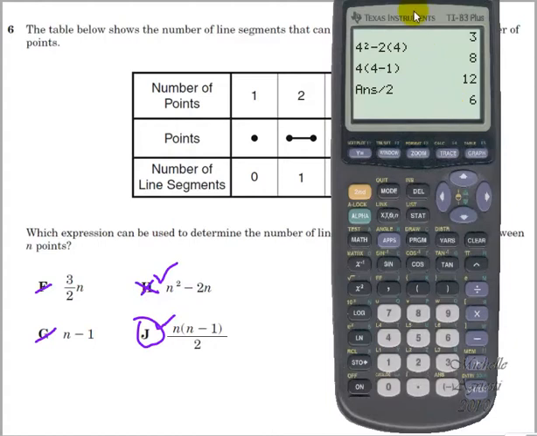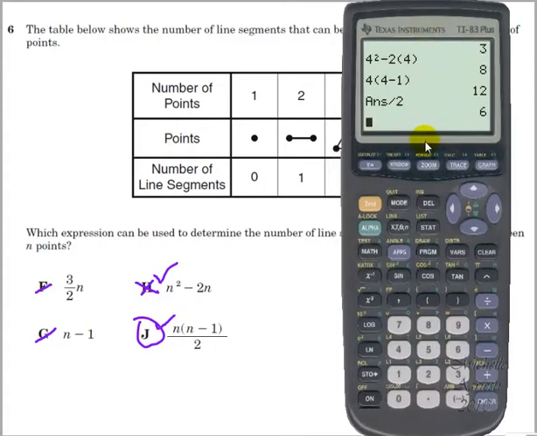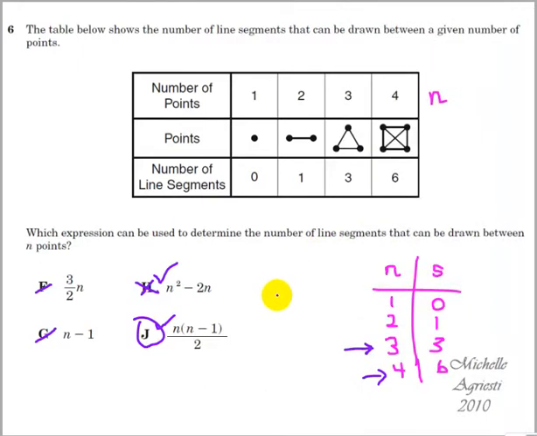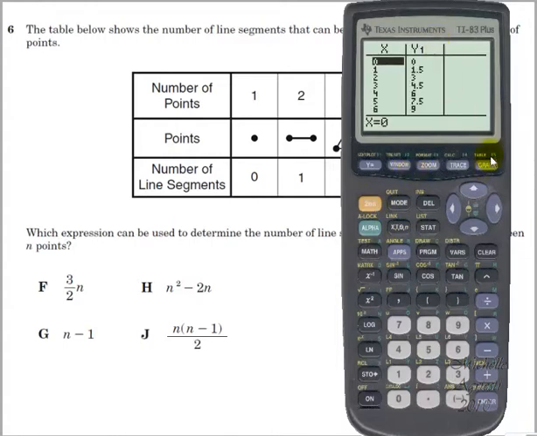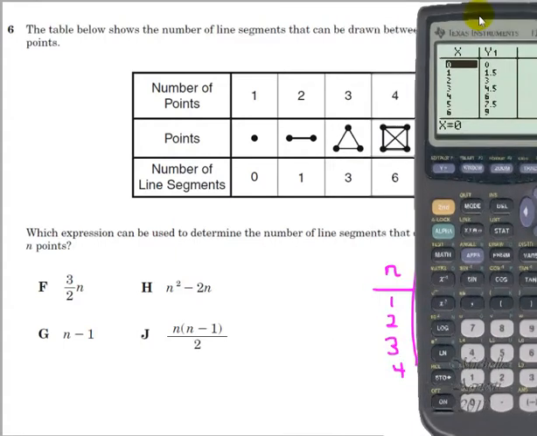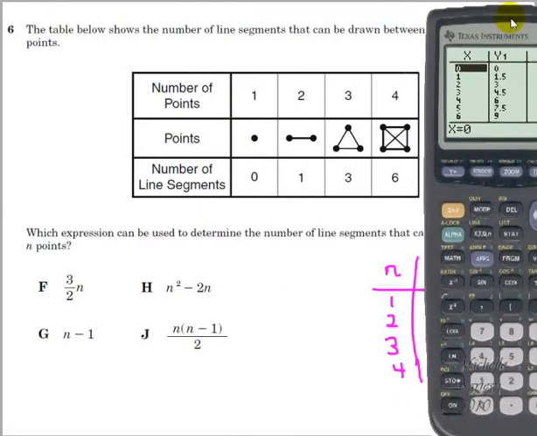Now there are other ways to do this, and let me show you using the table. Let me just clear off some of this information. Let's put in the equation editor. 3 halves x, and then go to second graph, which gives me the table, and we'll check out my information and see if it matches.